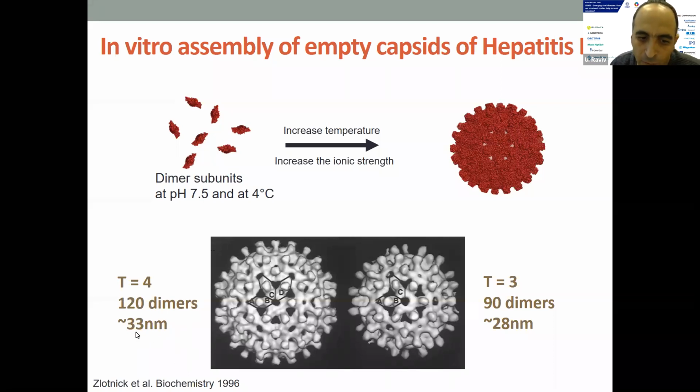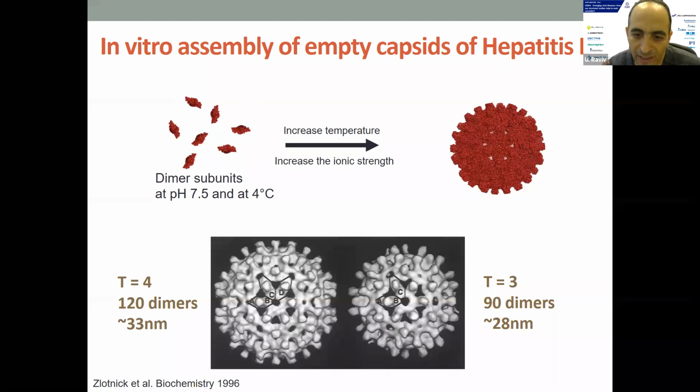icosahedral symmetry with a diameter of 33 nanometers, or the T equals 3, which contains only 90 dimers and a diameter of 28 nanometers. The majority are the T equals 4 particles, but you can also find the smaller particles in vitro and in vivo. This pathway can be super complex, because from our enumeration of the states, there could be 10 to the 30 possible intermediates on the path from the dimers to the capsid.